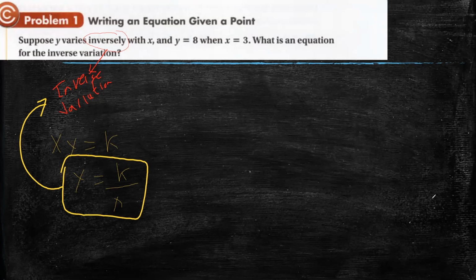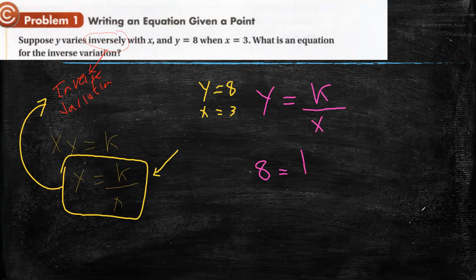They told me then y is 8 and x is 3. I need now to write the equation. I will substitute here. I say that y is k over x. Y is 8, k is unknown, and x is 3.